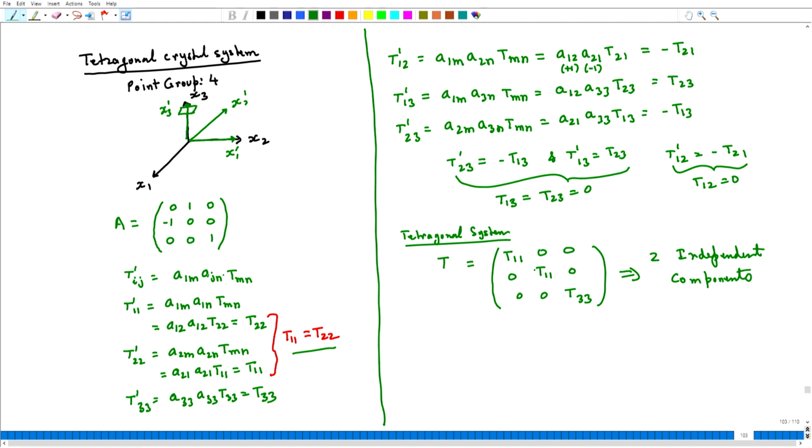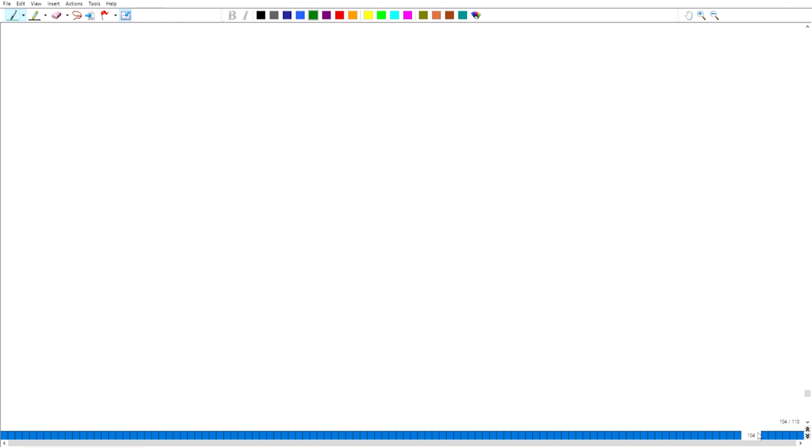Now, suppose I combine two-fold rotation with a three-fold rotation in a cube.